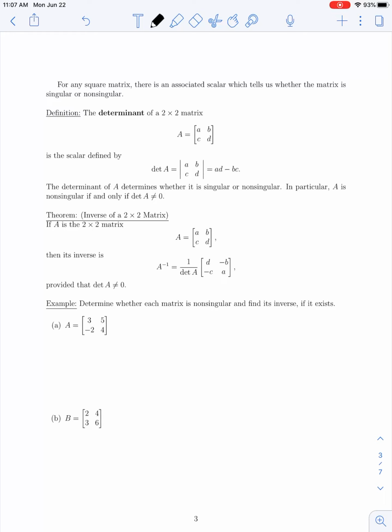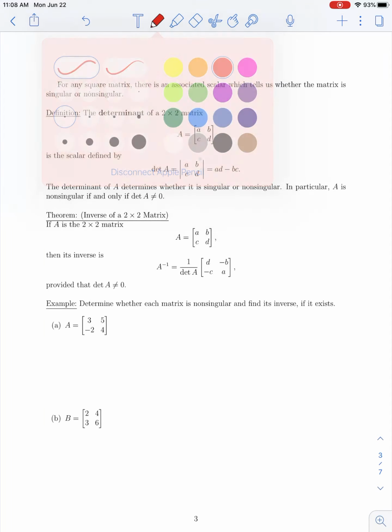Now, for square matrices, there is a scalar or a number associated with each square matrix that tells us whether it is singular or non-singular. That is, whether it has an inverse or not. And in this section, we're going to introduce that number specifically for 2 by 2 matrices, and then consider this in much more detail in Chapter 3.